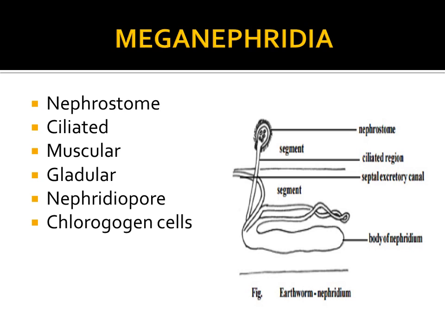Through the ciliary part it will collect the coelomic fluid inside. Then it will pass the coelomic fluid to the next tubular structure, the ciliated region. Through the ciliary movement, the fluid will be passed to the next region, the muscular region. From the muscular region, it will pass to the third tubule, known as the glandular region.